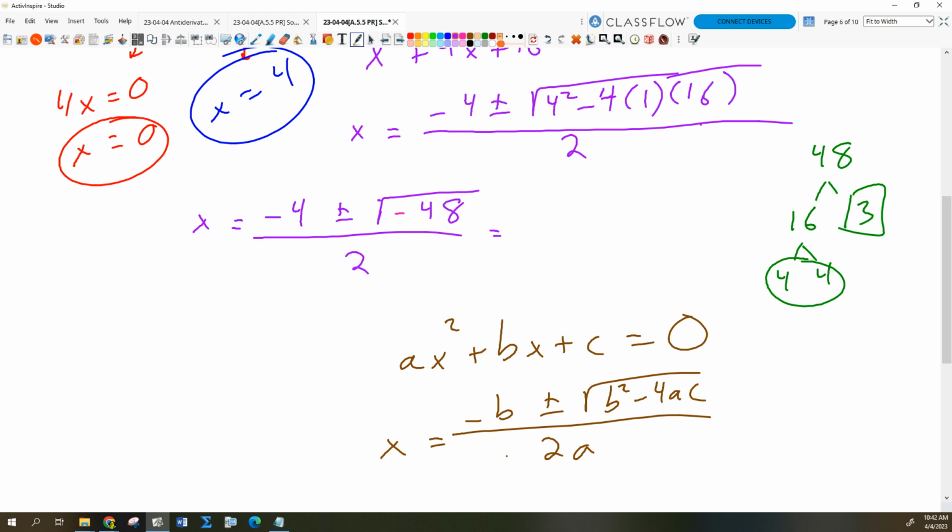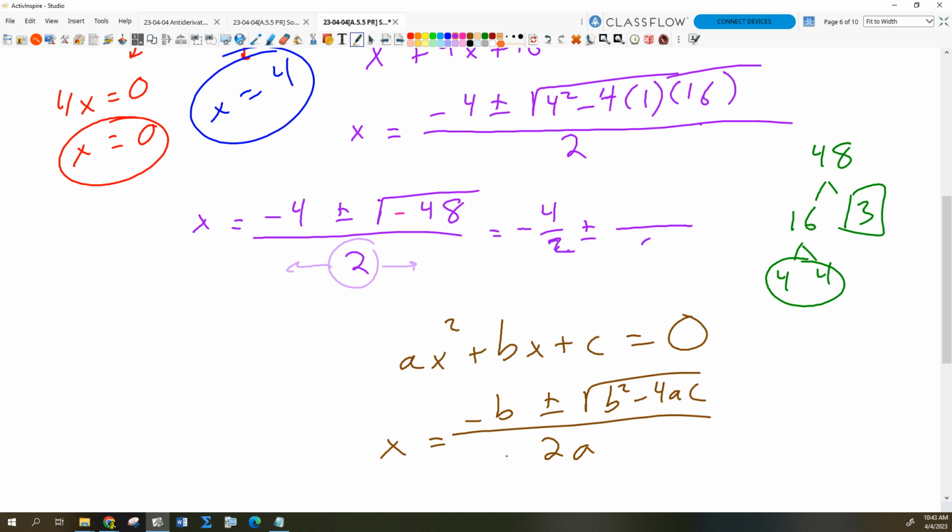So then we know that we want to split up the common denominator too, right? Everybody get that? Because we want to be able to write this as two separate terms. That we're going to get complex numbers. We need to have a real part and an imaginary part as separate terms. So we split up the common denominator, and we're going to get negative 4 over 2 plus or minus.